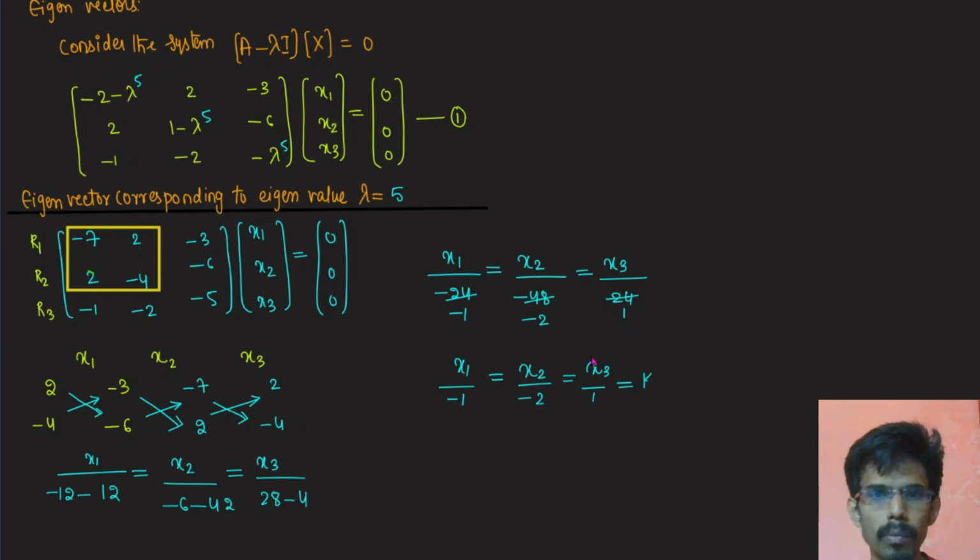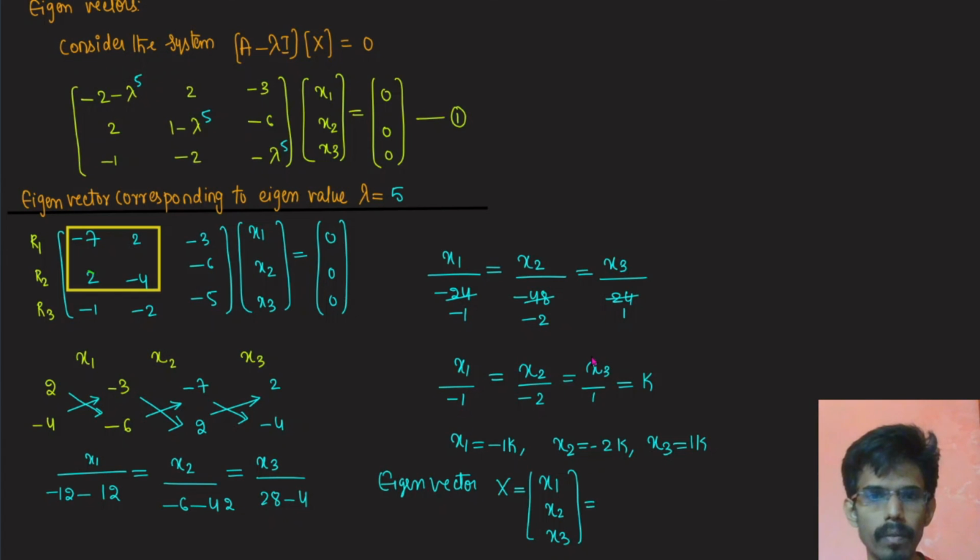That must be equal to some constant k. So if I equate the denominators to k, I will get x1 equal to minus 1k, x2 equal to minus 2k, x3 equal to 1k. So the eigenvector capital X, which is x1, x2, x3, will be minus 1k, minus 2k, k.